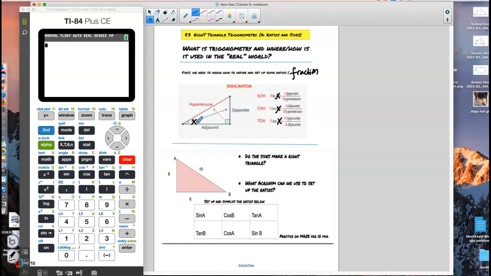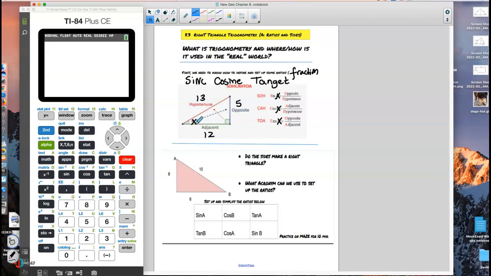So I'm going to, up here, put 3 sides that make a right triangle. If this was 5, actually let's put 5 on the shorter side. If this was 5, and this is 12, and this is 13. There are 3 ratios that get special names. They're actually called sine, cosine, and tangent.